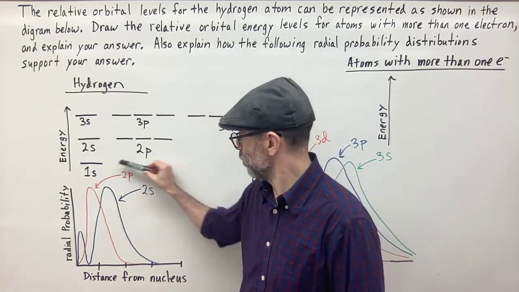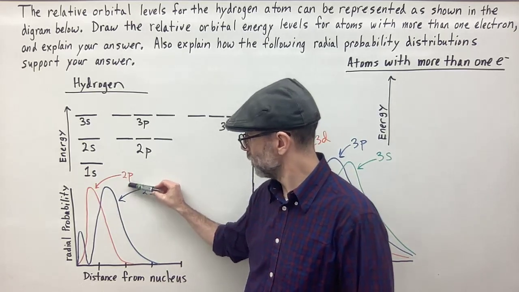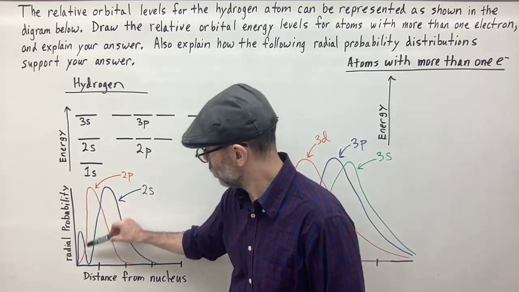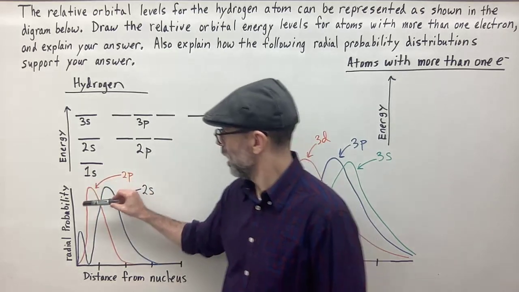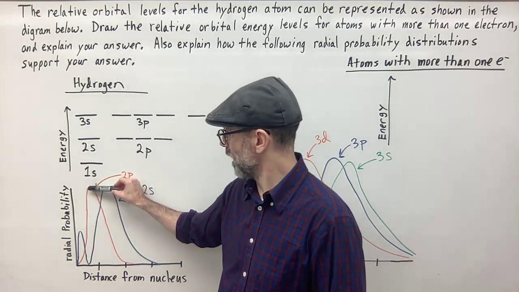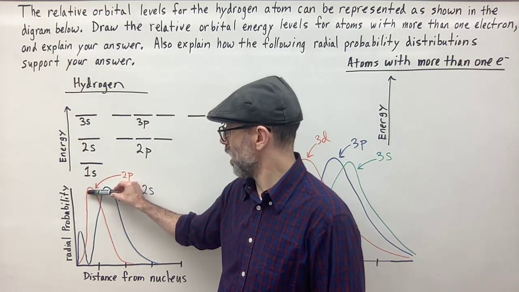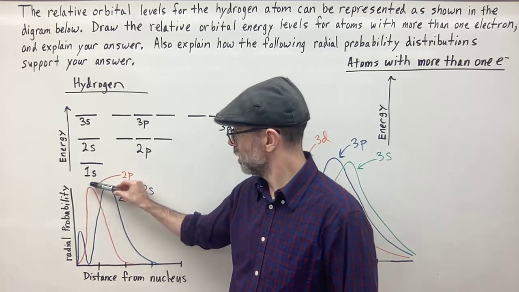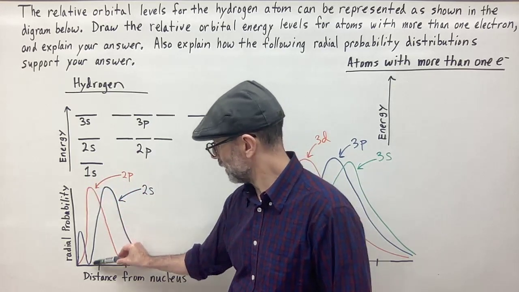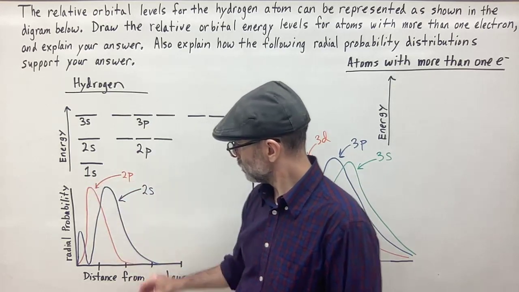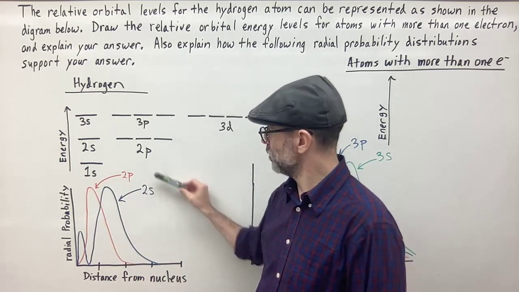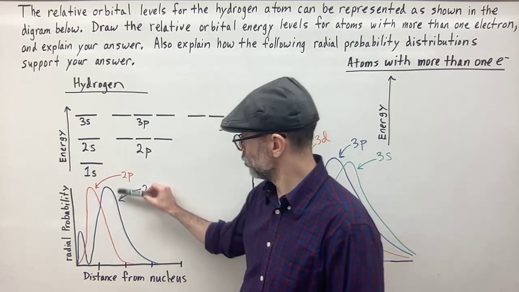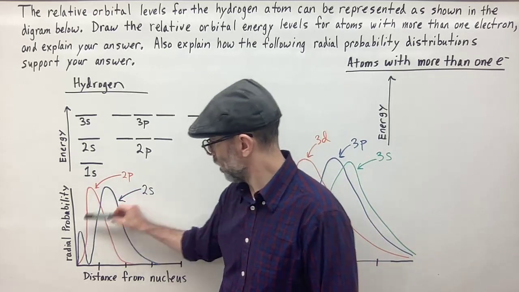So with the 2p orbital, this is the radial probability distribution map, and you'll see that the highest probability of finding the electron in the 2p sublevel is going to be at this distance here. And at the 2s, the radial probability distribution has two peaks.